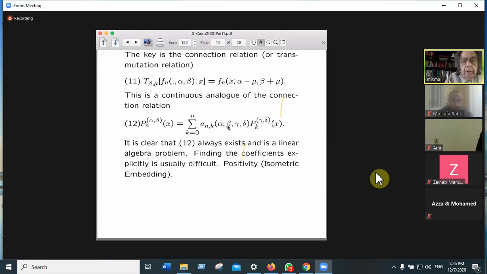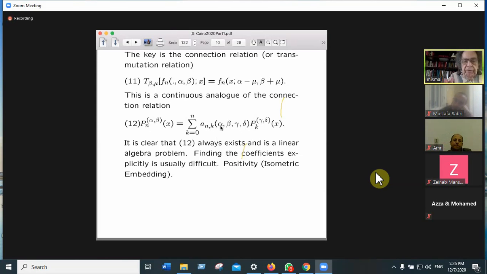For example, if you do this case for the spherical harmonics, if these things are positive, that means that you have a Euclidean space, say n-dimensional, and you have another k-dimensional Euclidean space. And what you want to do is you want to have an isometric embedding of one of them into the other.